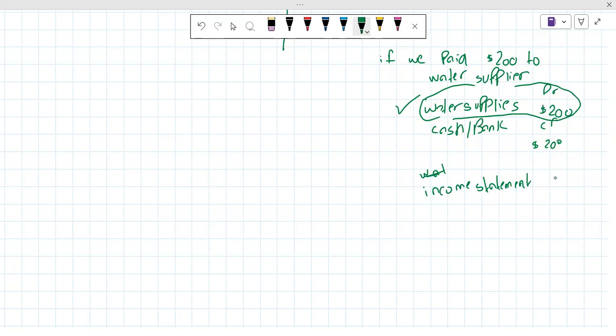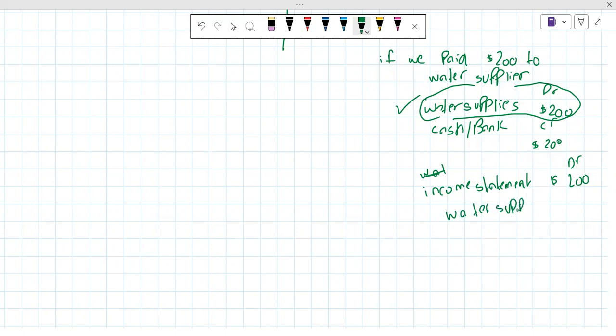Income statement would be debit. What will happen to water supplies? We have to close the water supplies account, because it is the end of the year and we have to grab all the expenses and post them into income statement. So in income statement it would be debit, but water supplies and the different expenses accounts would be credit.